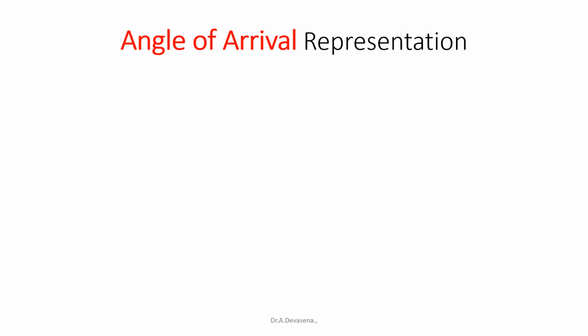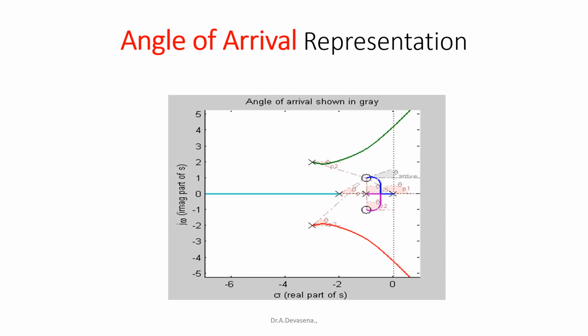The angle of arrival representation is given below. In the given problem, if we have complex zeros, then we have to calculate the angle of arrival also. The angle of arrival is calculated from the complex zeros. This is indicated in this graph.